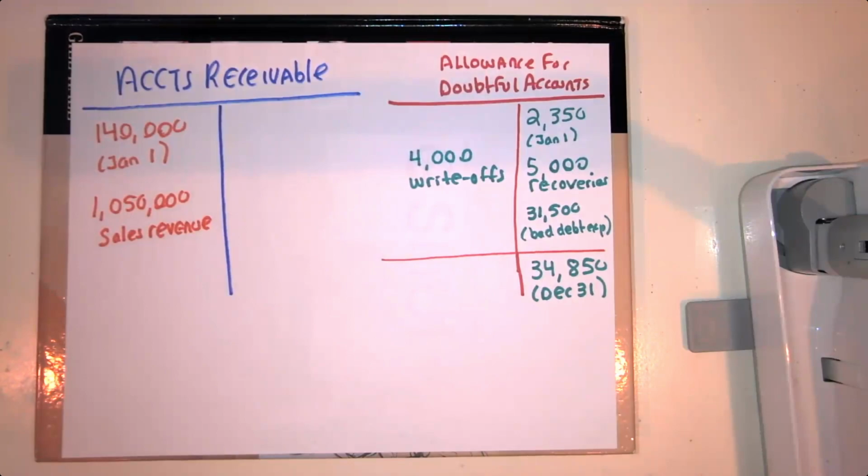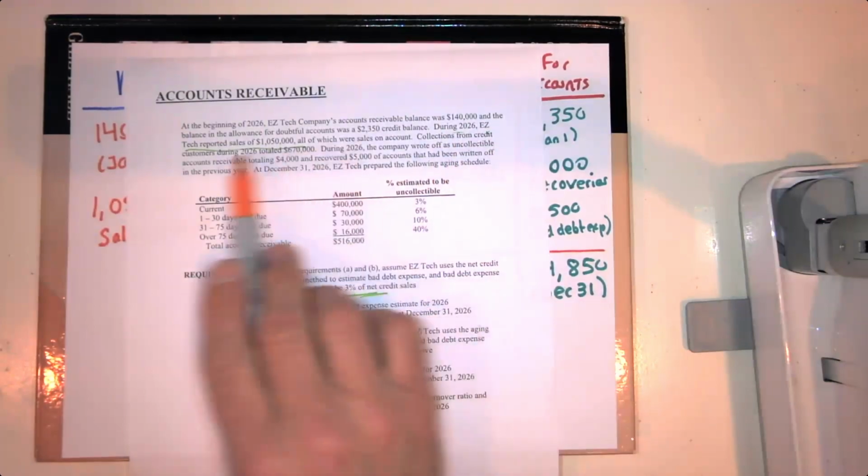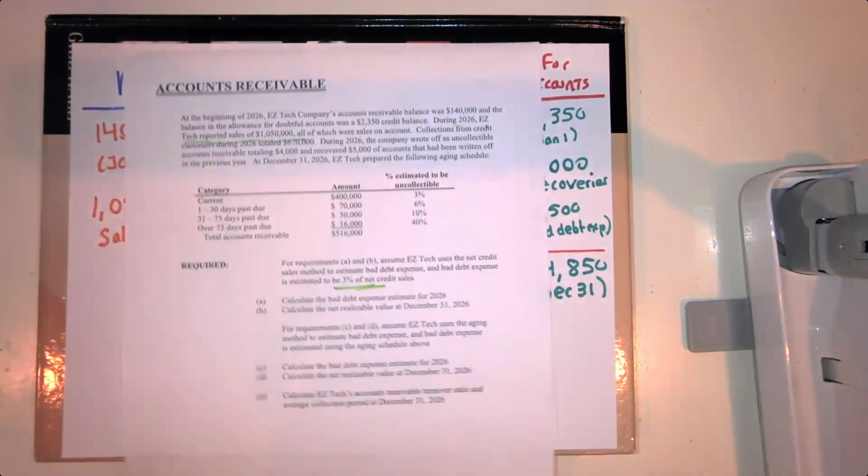The decrease, well, one of them would be the cash that we've collected, right? This is money owed to me. When the customers actually pay us, it is not owed to us anymore. And the problem did tell us collections from credit customers during the year totaled $670,000.